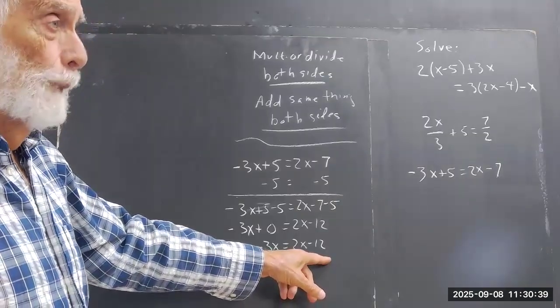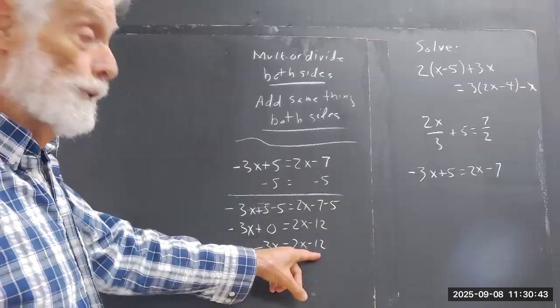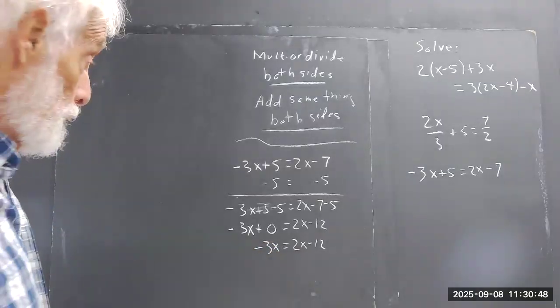This means if we want our x's on one side and our numbers on the other side, all our numbers are on the right side, all our x's are going to have to be on the left side. How are we going to do that?